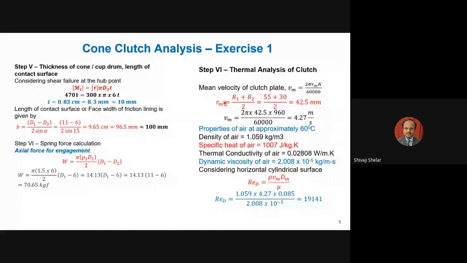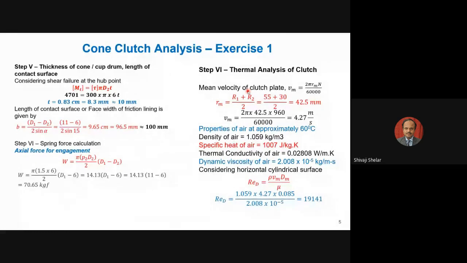Now when the cone clutch is rotating, the clutch is rotating with the shaft, so its rotational speed is equal to the shaft speed RPM. Now the clutch has a different radius, so the peripheral speed of that clutch will be different. So while design calculation, we have to take certain speed.